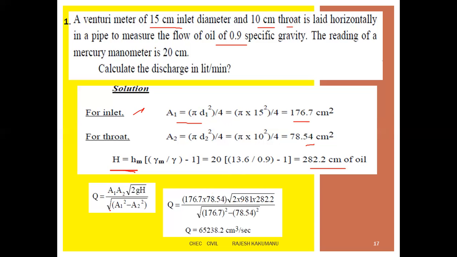Substituting directly using this formula, we can solve the problem very easily. Applying the values here, finally we have got this solution.